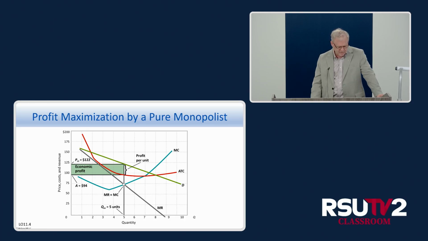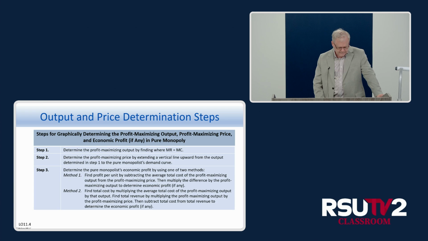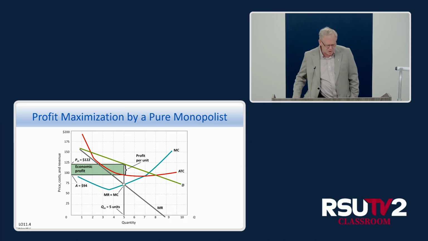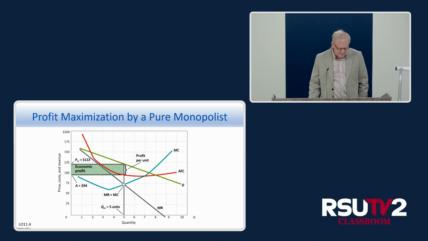Second, determine the profit maximizing price by extending a vertical line upward from the output determined in step 1 to the pure monopolist demand curve. So you always look up at the demand curve to see the price you're going to charge. So you extend, remember I did this with the picture, but you extend this line all the way up here to the demand curve. And that's going to tell you the price.